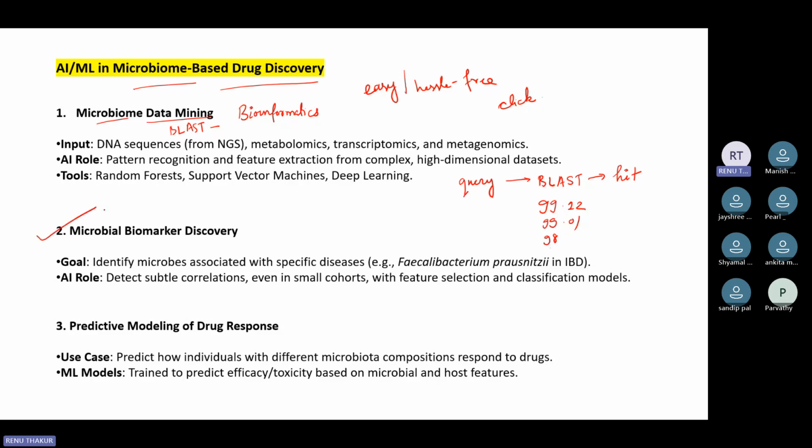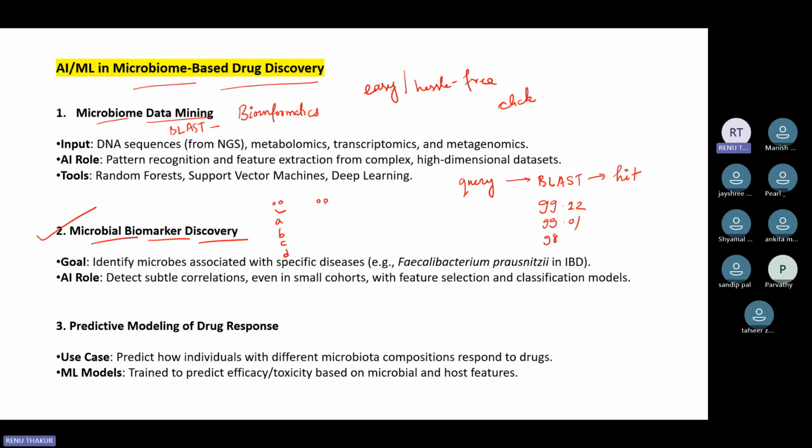Now the next part is microbial biomarker discovery. What is it? As we already know, a healthy individual has a composition like A, B, C and D. But an individual who does not have the natural gut microbiome composition, the diseased one, may have other microorganisms, let's say E, F, G, H, along with ABCD. These act as biomarkers because they indicate that this person is not healthy.